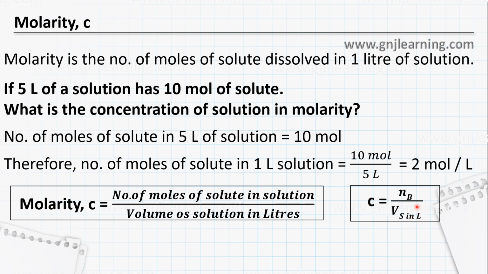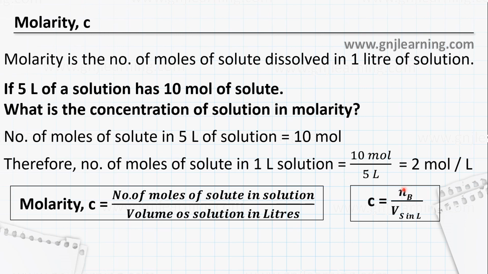Clear? Sometimes they will not provide number of moles. Instead, they will give mass of the solute. So here instead of 10 moles, if they are giving mass of the solute, I must convert that into moles. How can I do it? If they are providing mass, I must convert that into number of moles.